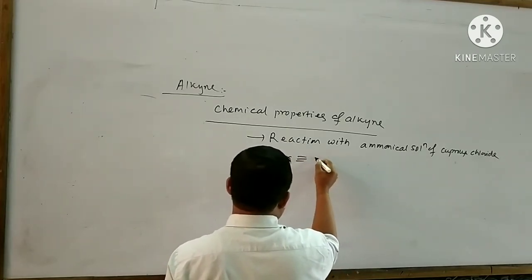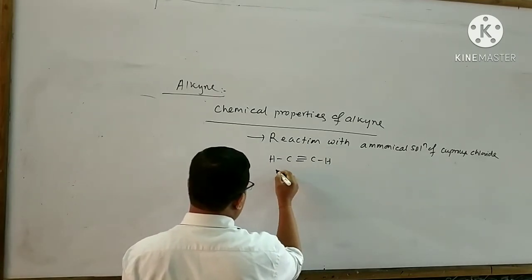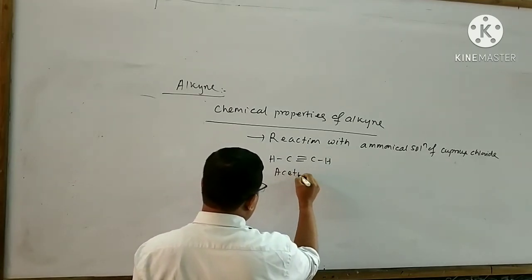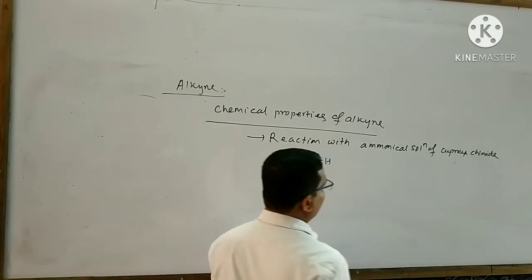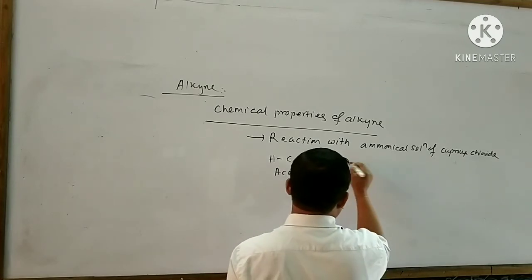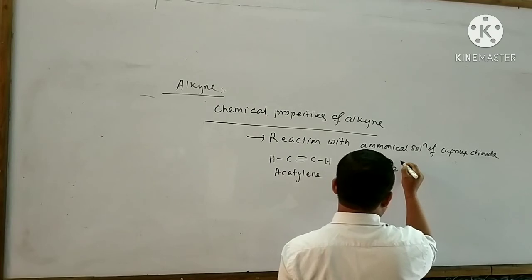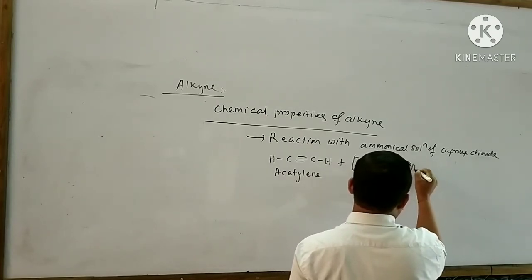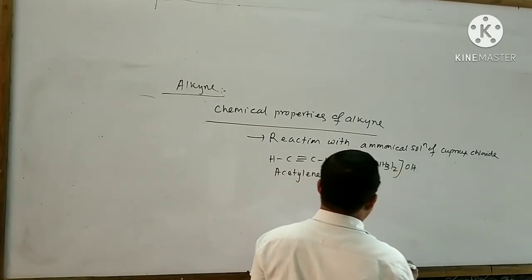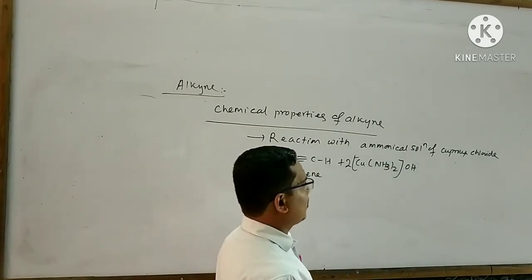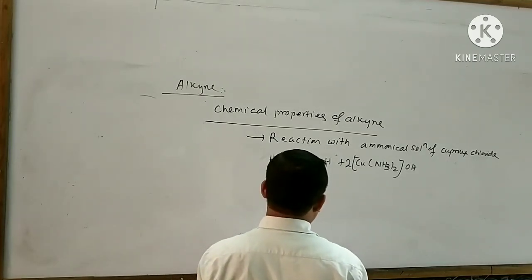This is an example of an alkyne. The name of this reactant is acetylene. Now it is subjected to reaction with the ammoniacal solution of cuprous chloride. Here I take two molecules of ammoniacal cuprous chloride. Then what will happen?